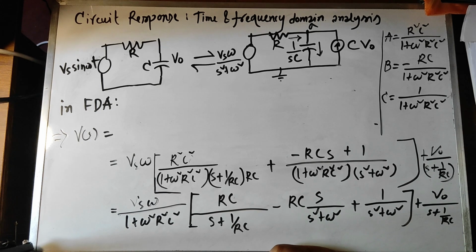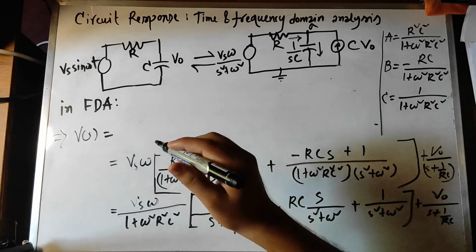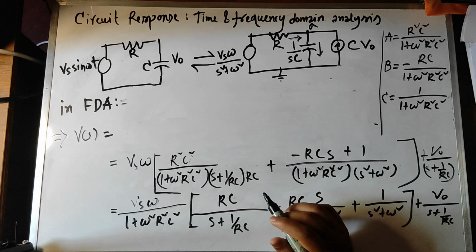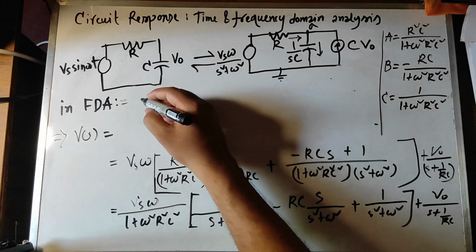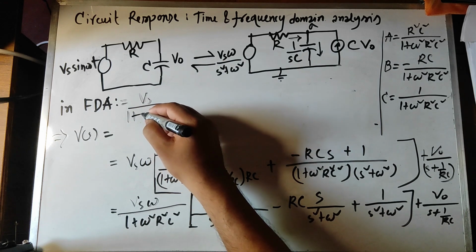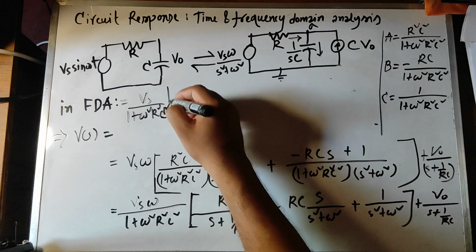Now let us take this omega and bring this inside the brackets. What will happen is, so v is by 1 plus omega square r square c square.